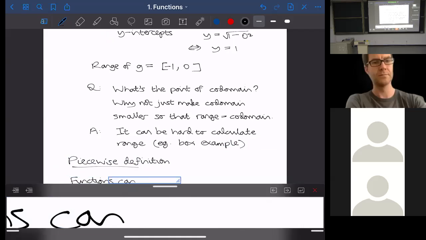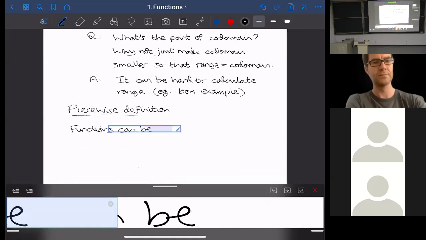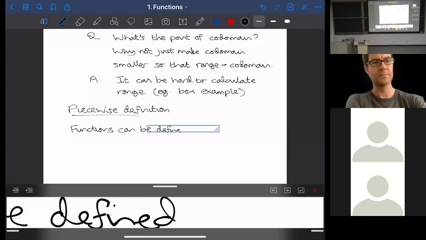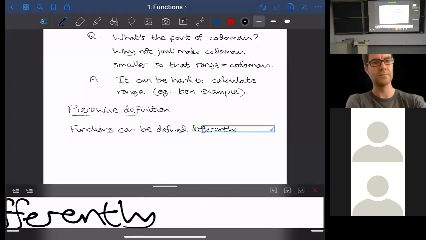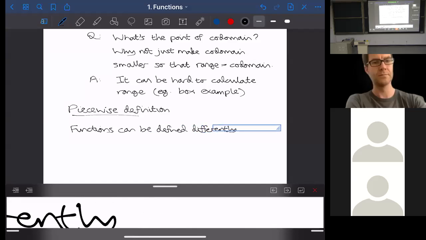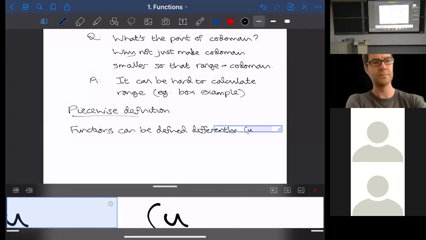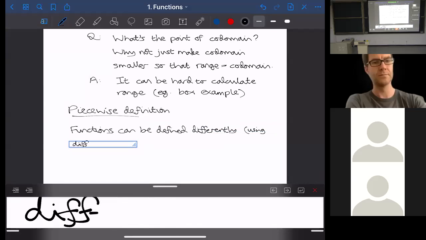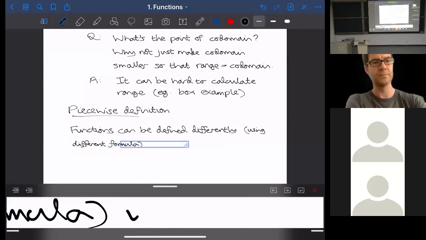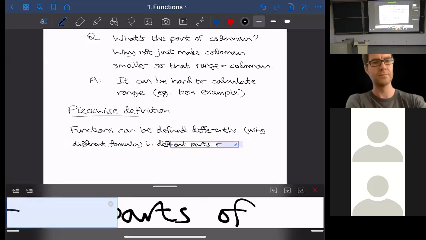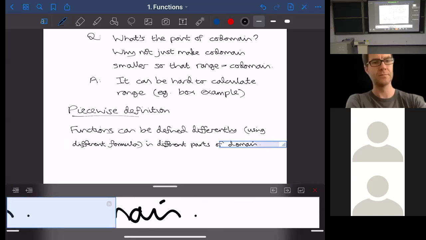So functions can be defined differently, for instance using a different formula in different parts of the domain.